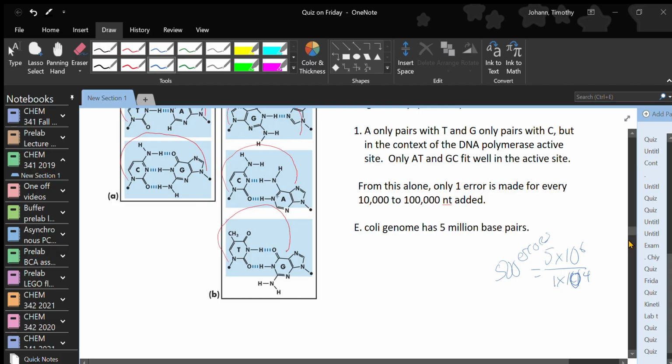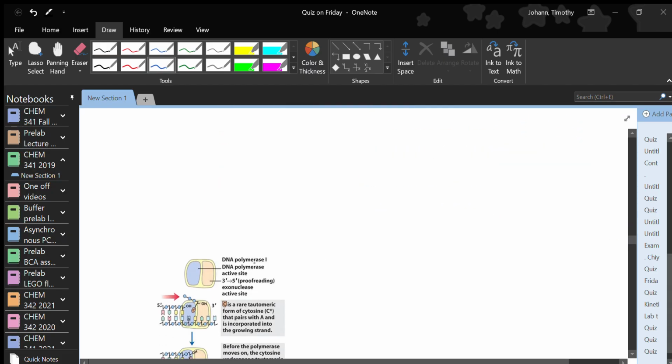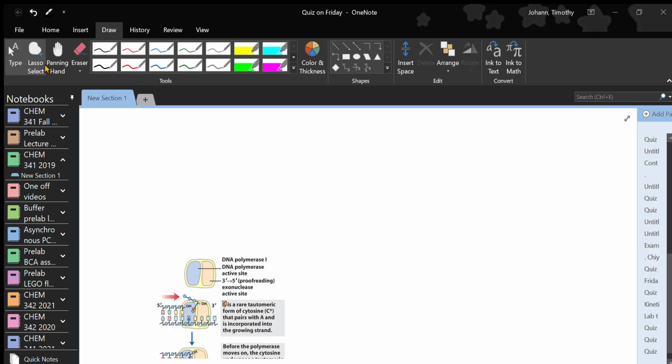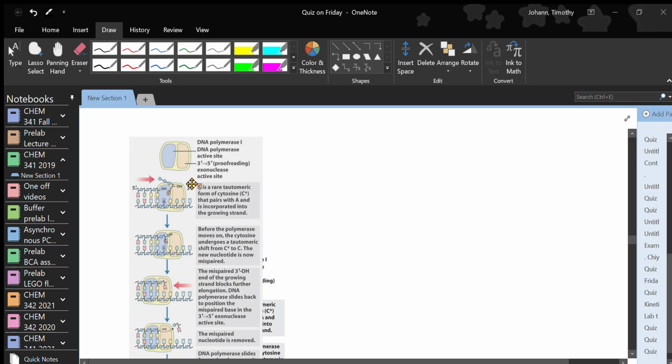The next thing is DNA polymerase has proofreading activity, this DNA polymerase that they're using. I'll show you the whole figure and then I'll blow it up.